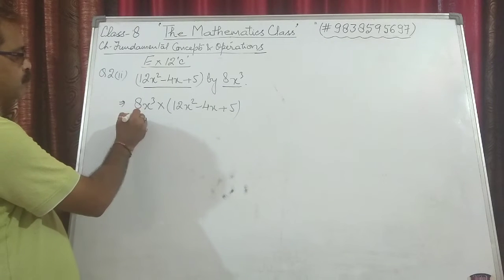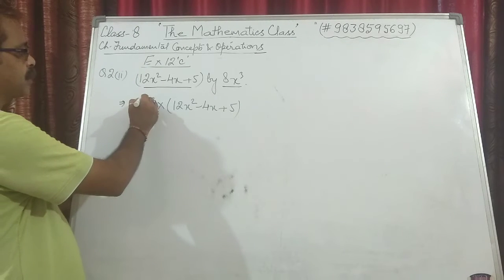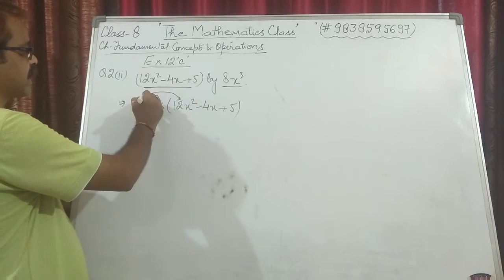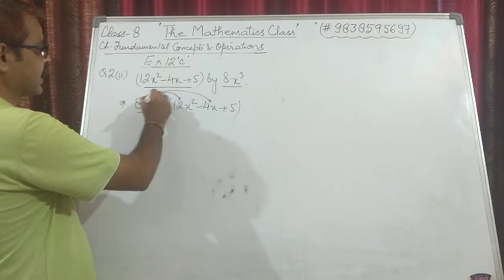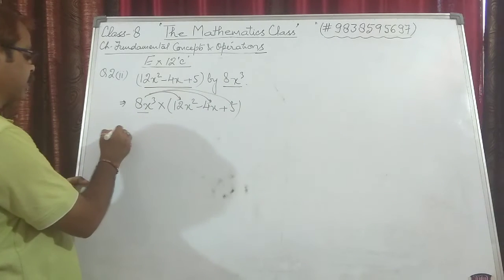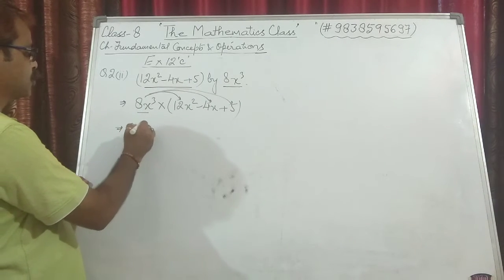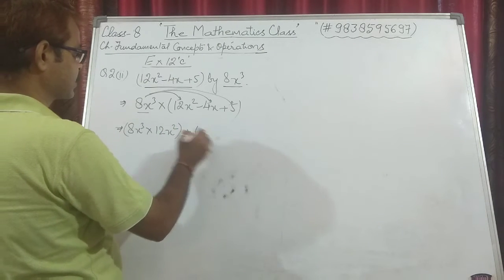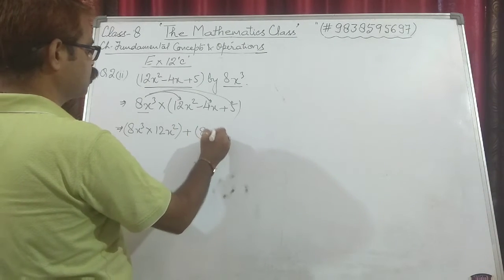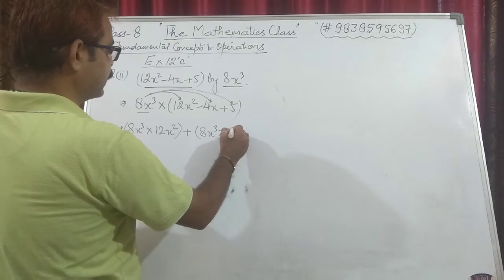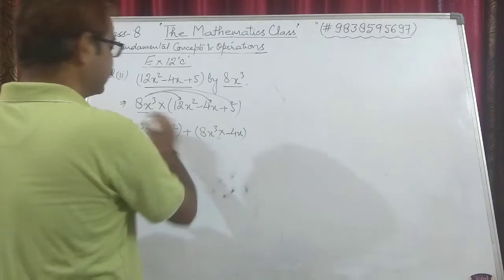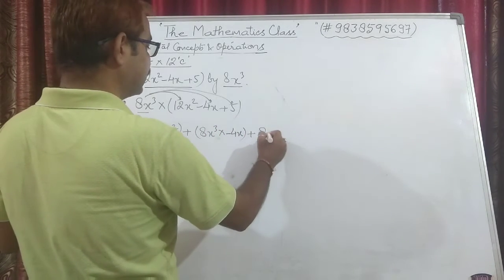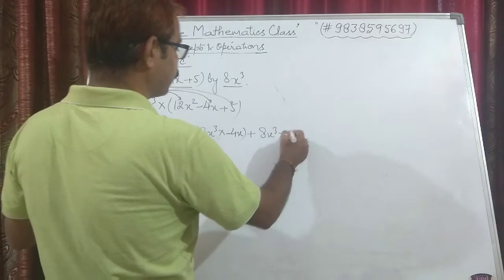Now this monomial will be multiplied to every element of this trinomial, first, second and third. So how will it become? 8x cube into this, plus 8x cube into minus 4x, and then plus 8x cube into 5.